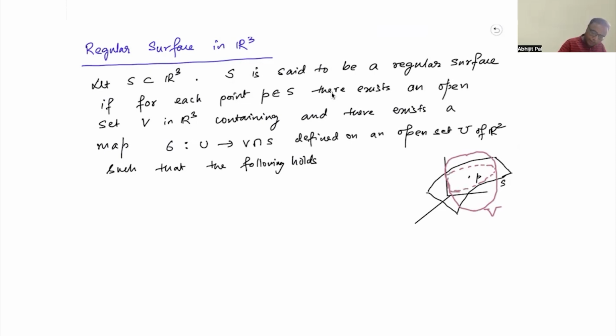And there exists an open set U in R2. So this is open.